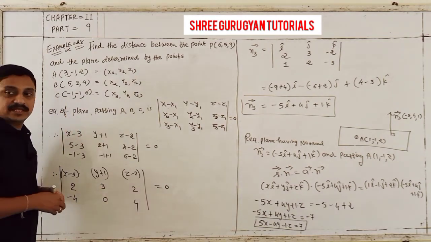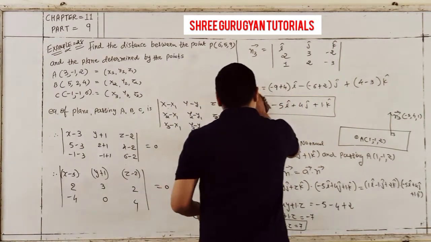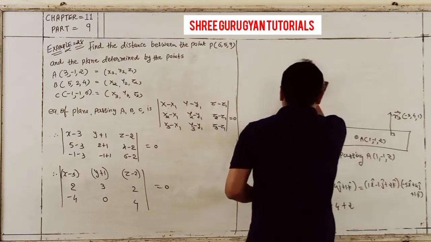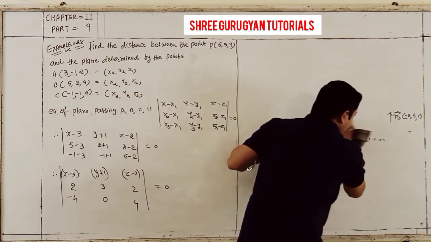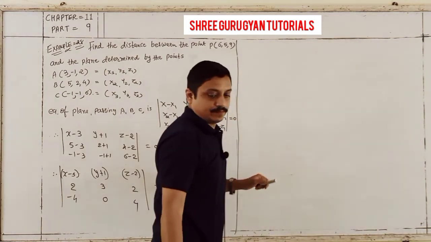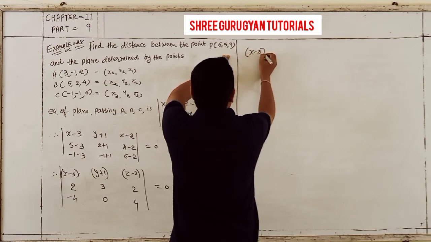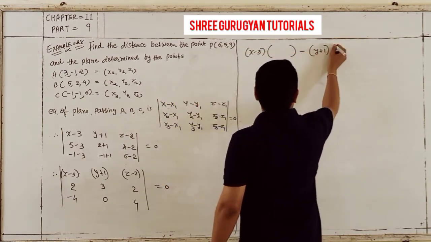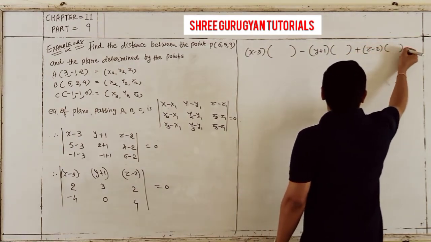Simply create it by the definition of the determinant and you will get the answer easily. So you convert to the answer: x minus 3, next minus (y plus 1), and last z minus 2 is equal to 0.